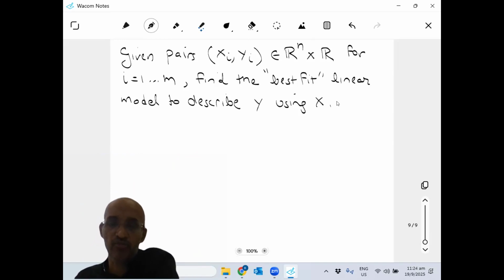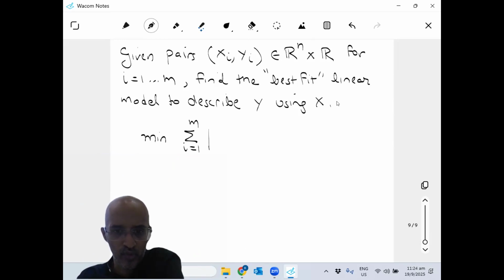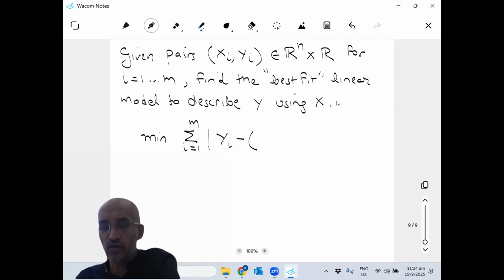So what is the least squares problem? We know, but I'm going to take the least absolute deviation regression problem. It basically says I want to minimize the L1 norm of the output of interest, which I'm trying to predict using a linear model.